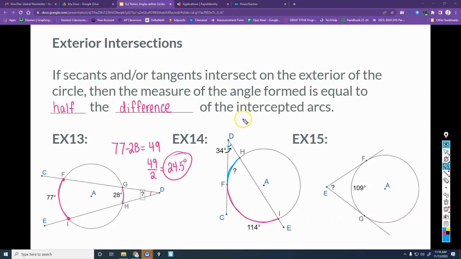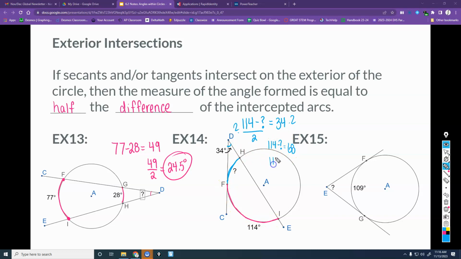So if I have 114 minus mystery angle here, and I divide it by 2, it should equal 34, right? So what should 114 minus the mystery angle equal? 68, because basically what we're doing there is we're multiplying both sides by 2. If we double that angle, that's what this should equal.